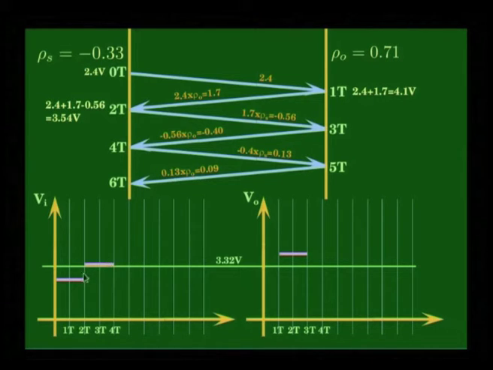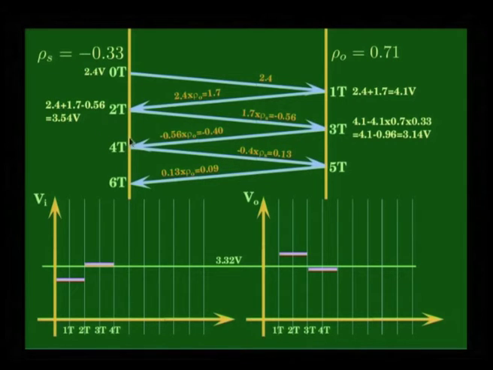So, that gets added on to what was previously existing, and then minus 0.56 arriving at this port, what was existing was 4.1, minus whatever is arriving here and what is leaving here, you get the algebraic sum, which is 3.14, 4.1 minus 0.96. So, it goes down to 3.14, the voltage here, and what arrives here is minus 0.4 and what leaves is plus 0.13.